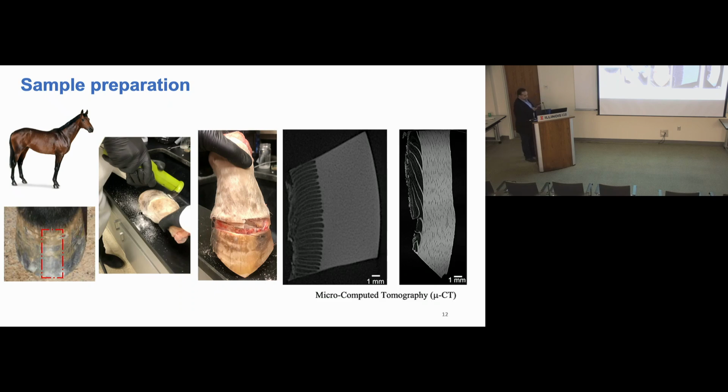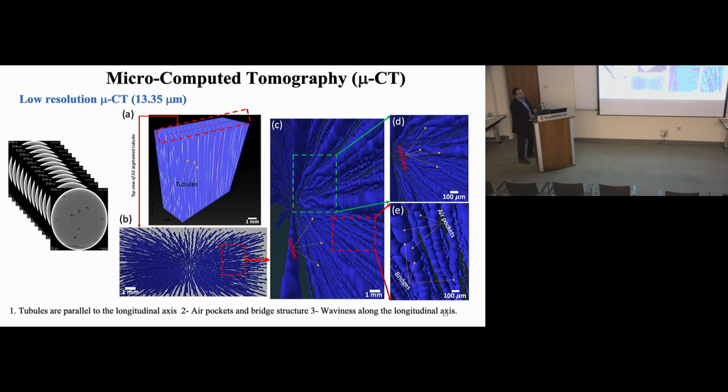So as you can see here, the beautiful horse, we extracted this little bit, this horse hoof, and we scanned it with micro CT scan, and you can see those images. In our work, when we did the analysis using micro CT scan, we did it at 2 different levels.